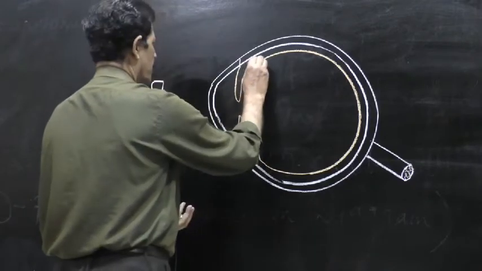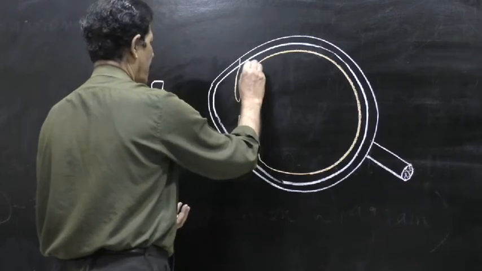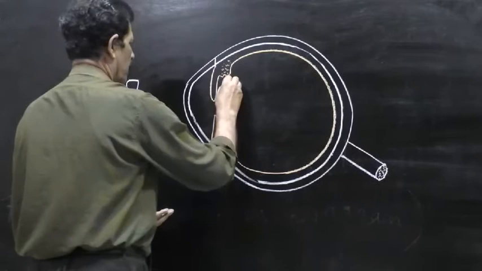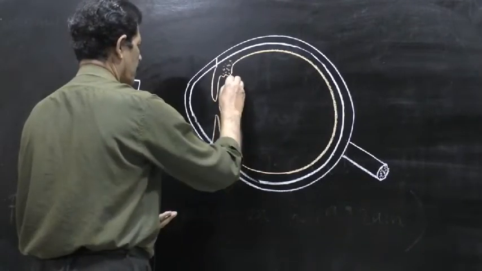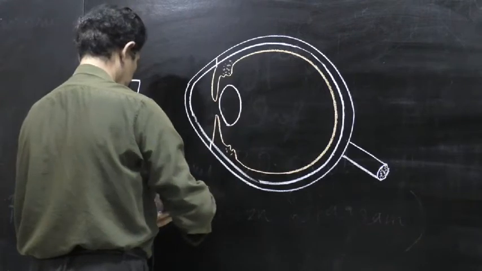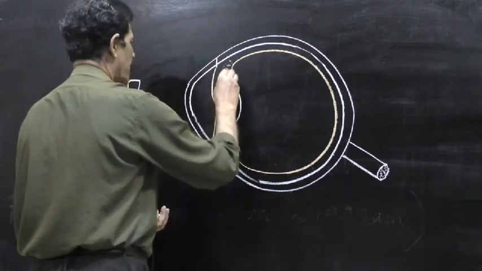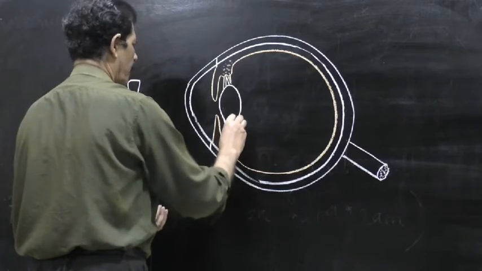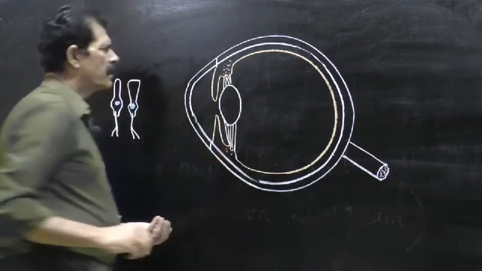So ciliary muscles are there inside the ciliary body, to which the biconvex lens of the eye is suspended by the suspensory ligaments, which are indirectly connected to the ciliary body.